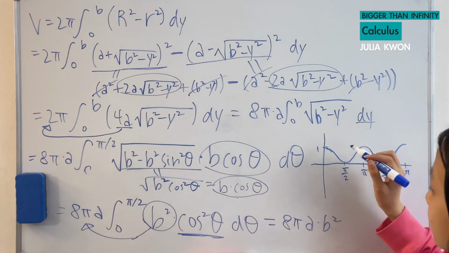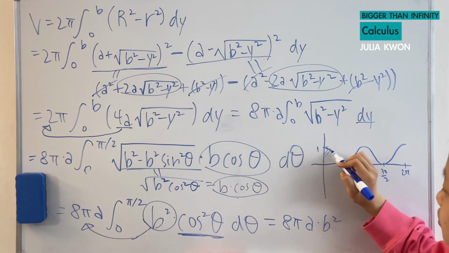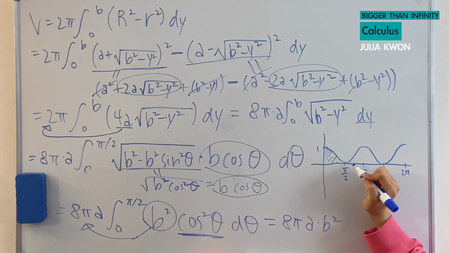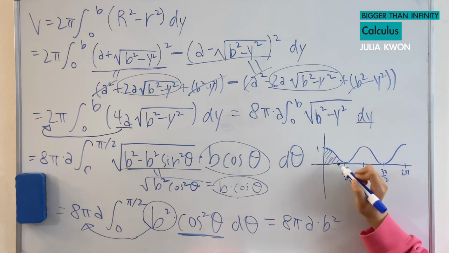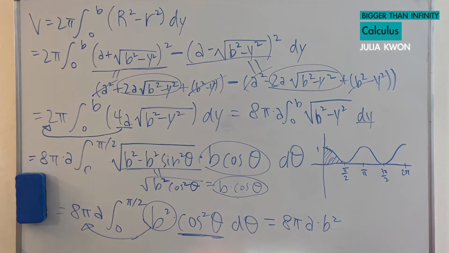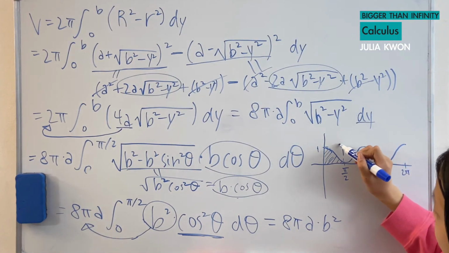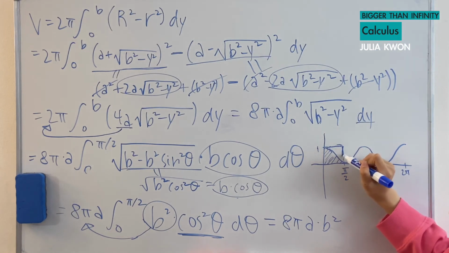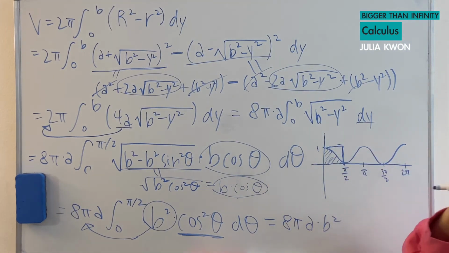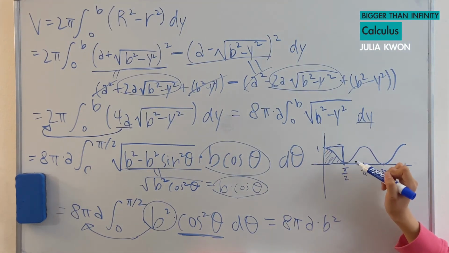So we're finding the area from 0 to 1, 0 to pi divided by 2, and that would be here. And I just basically memorized this. And let's think about the area of this rectangle. The area of this rectangle would be 1 times pi divided by 2.